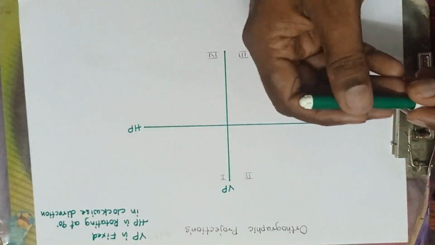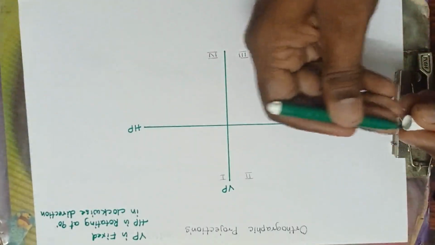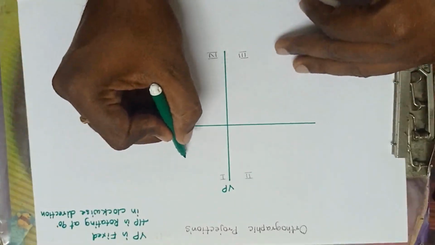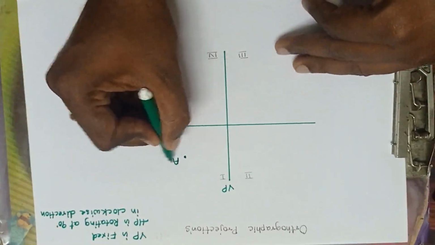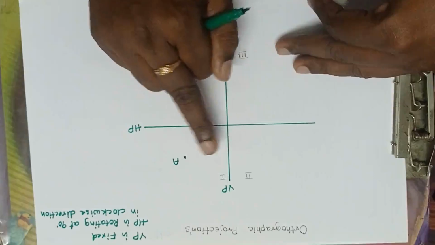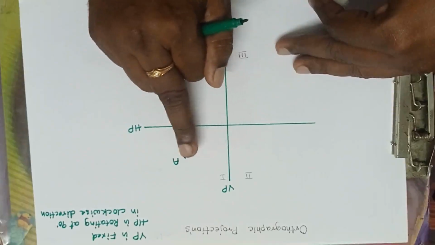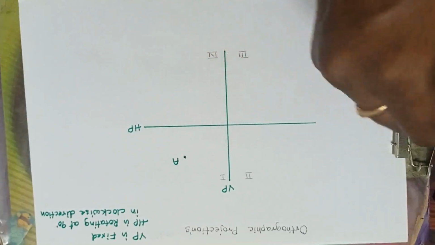Let us assume there is a point. I am assuming that the point A is here. It means the point A is above the HP and in front of the VP. Now, what about the distance?